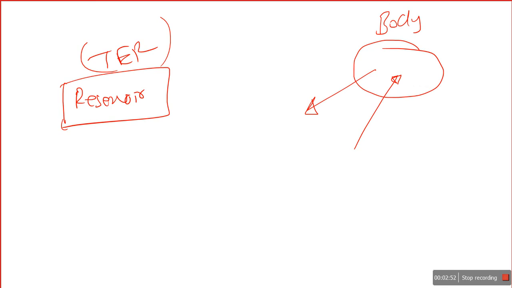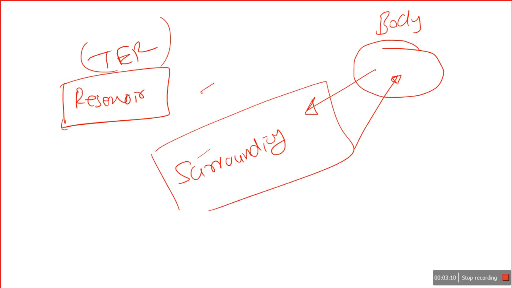Okay, there are many reservoirs, natural reservoirs that anyone can know. If I take the example of the environment, the surroundings, it is also one type of TER, a thermal energy reservoir. How?